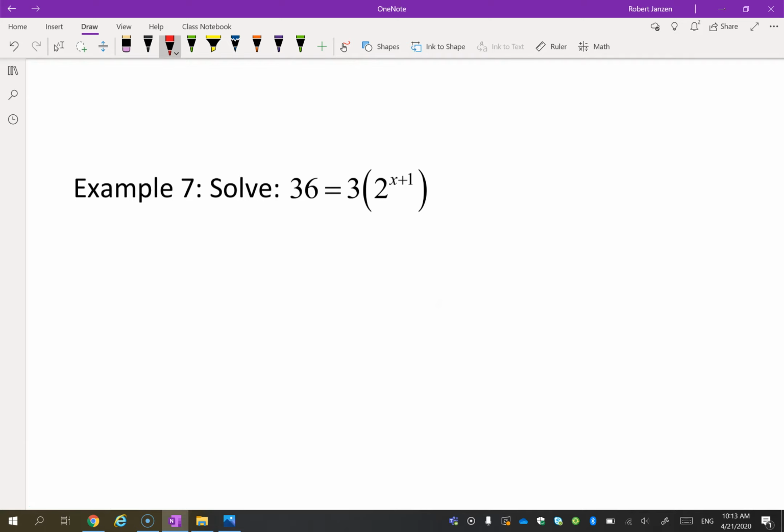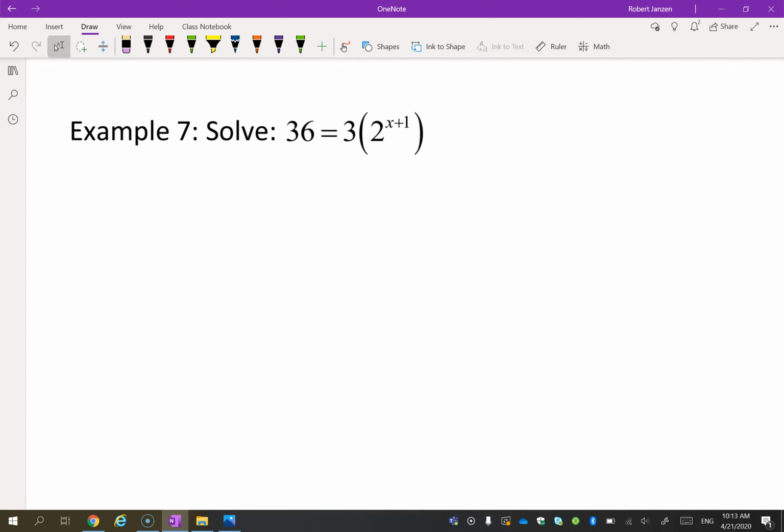Let's try another one. So here is probably the most common mistake for solving these log equations. Okay? Most of you would look at this and go, okay, these bases can't be made the same, that's fine, and you're going to do log 36 equals log 3, and then you have 2 to the power x plus 1. And you do that. This is fine, this is correct. Okay?